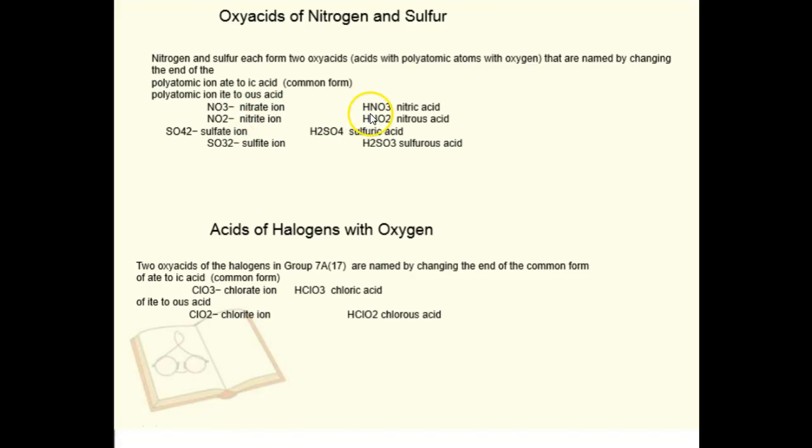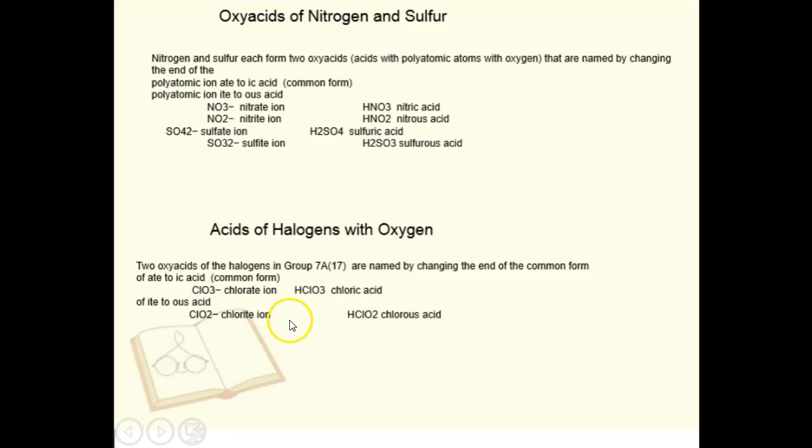We add that hydrogen to it, and it's going to be known as nitric acid, because when this breaks down, it's going to have the hydrogen and then that polyatomic ion. So nitric acid. NO2 is nitrite, so we have to add ous. We add the hydrogen to it, and it's going to be nitrous acid. A sulfate ion, add the H to it, and we get sulfuric acid, or sulfite, sulfurous acid.